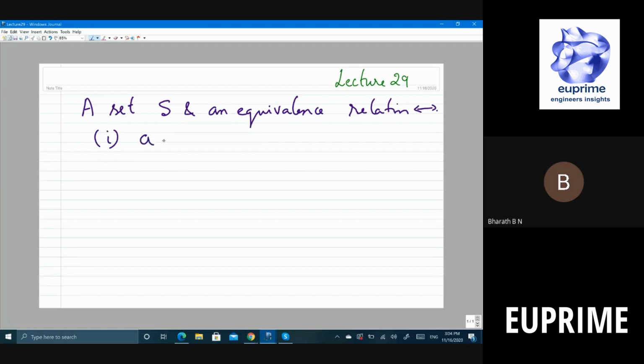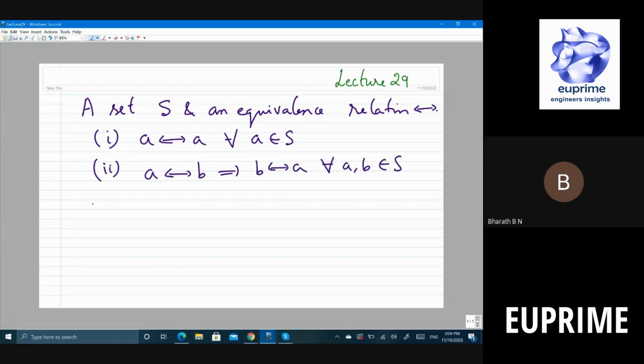A is related to A for every A in S. A is related to B implies B is related to A for every A, B in S. And the third one would be A is related to B and B is related to C implies A is related to C for every A, B, C in S, right? These are the properties. Do you agree?